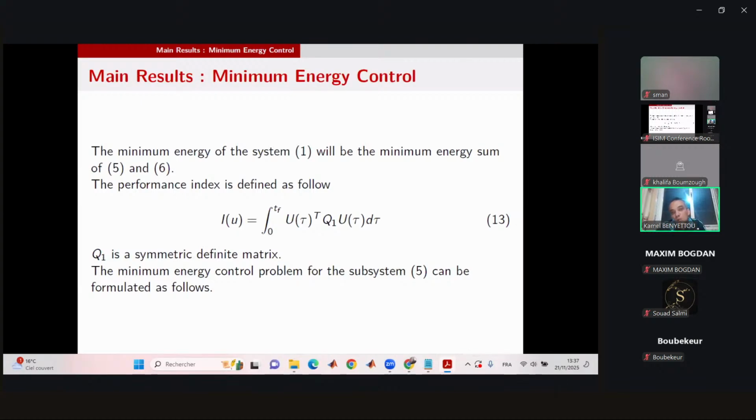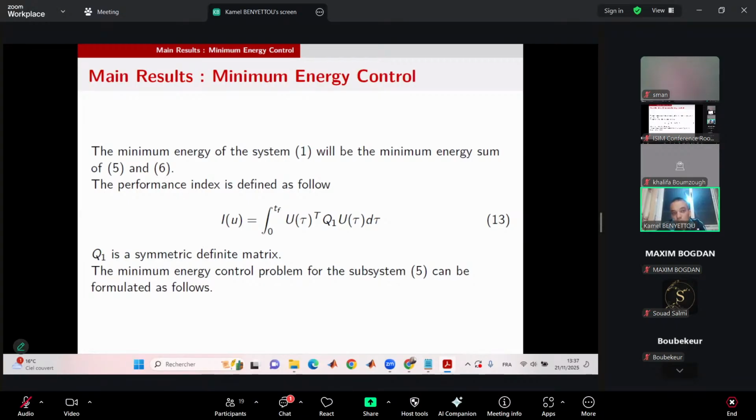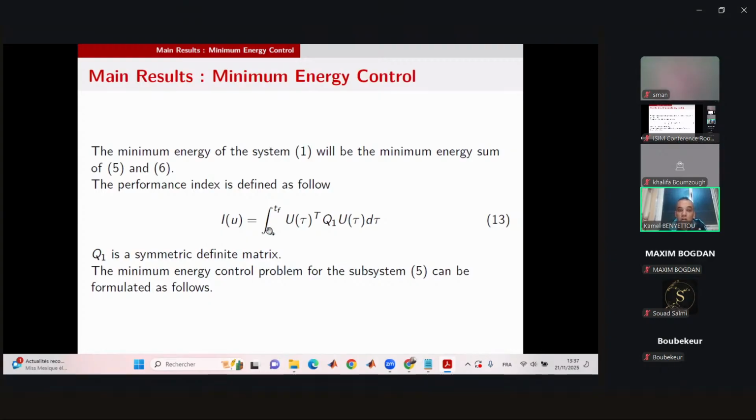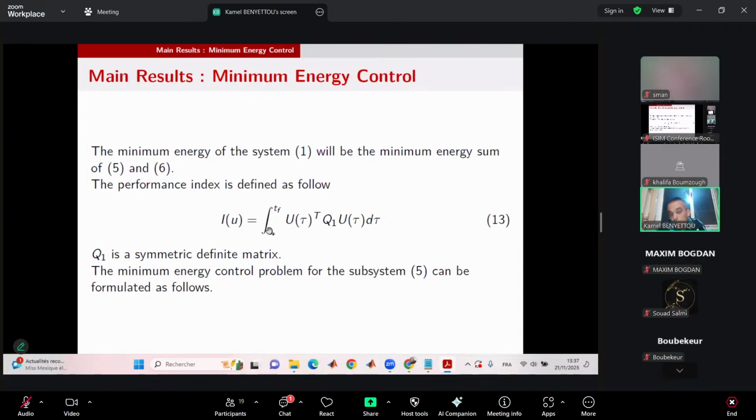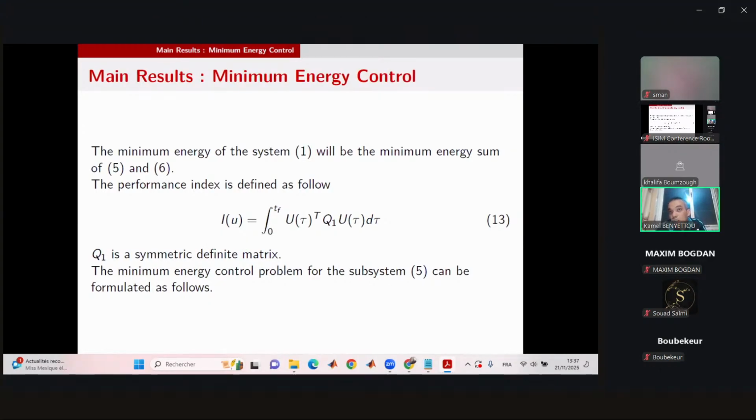The second part of this contribution is called the minimum energy control problem. The minimum energy control problem is a good result, and it helps us to calculate the minimum value of this performance index, because this performance index represents the energy level diffused by a general or any dynamical system.